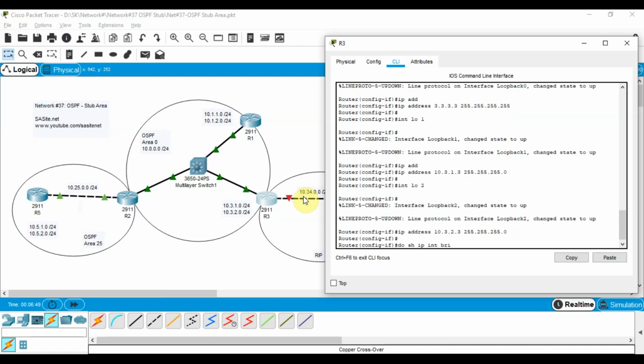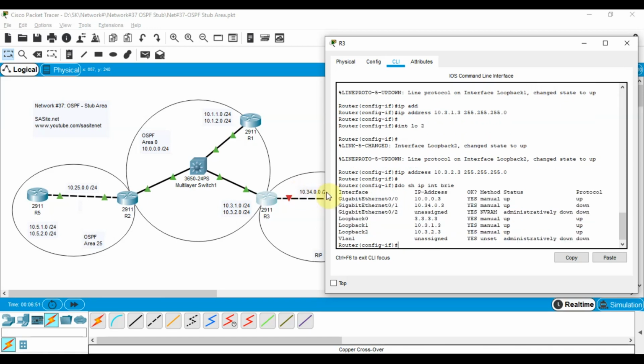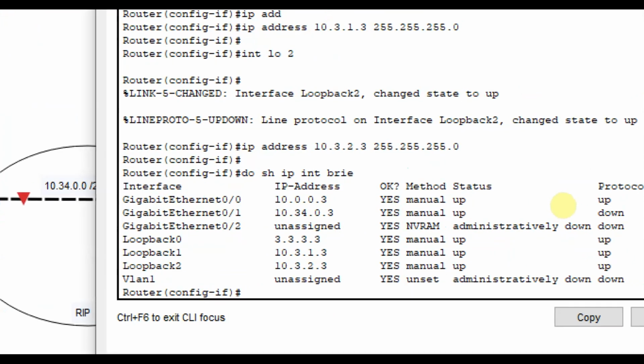Do show ip interface brief. Okay, everything looks okay. Let's take a closer look.